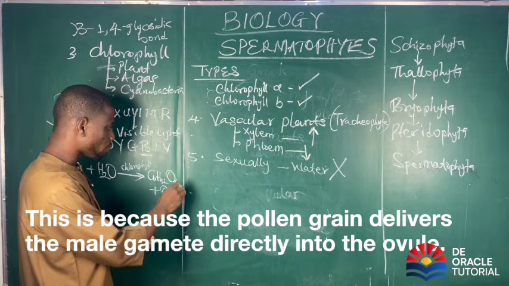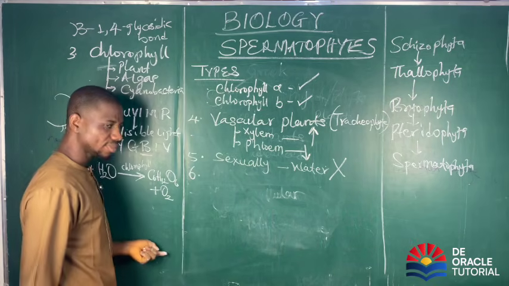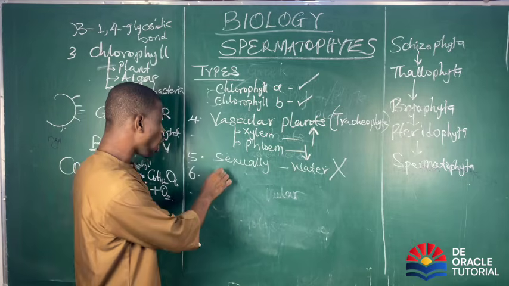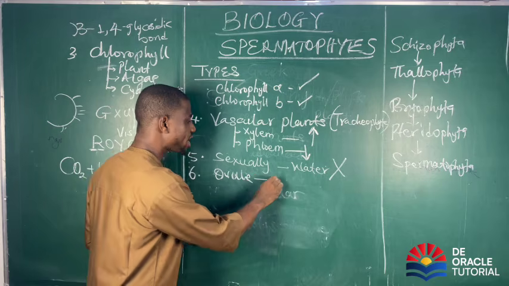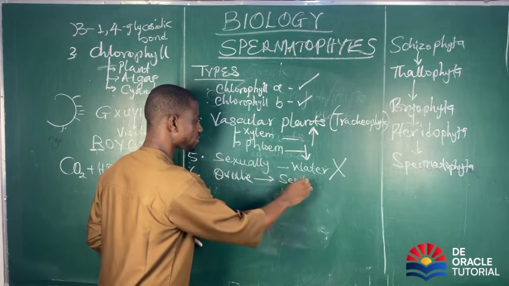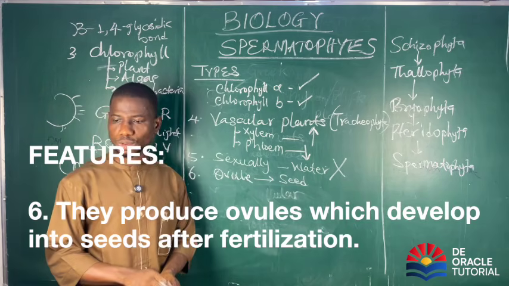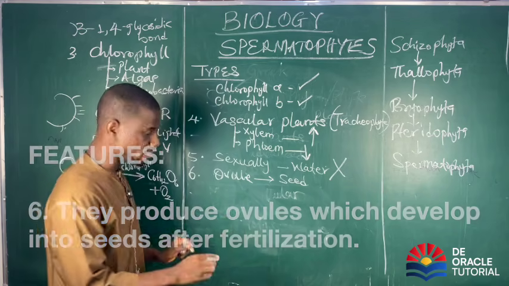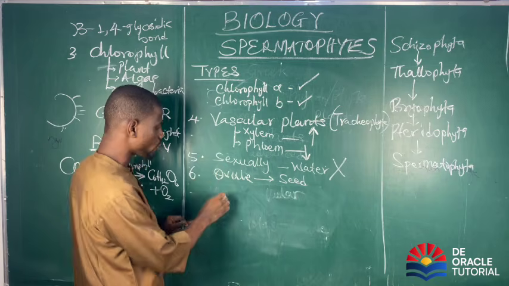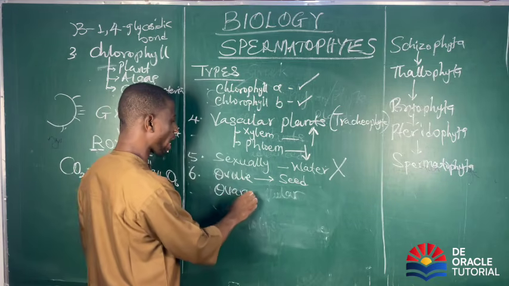Okay. Now the next point, number 6, is that they produce ovules, which after fertilization will give us seed. They produce ovule, which develops into seed after fertilization. We have ovule, O-V-U-L-E, and we have ovary, O-V-A-R-Y.